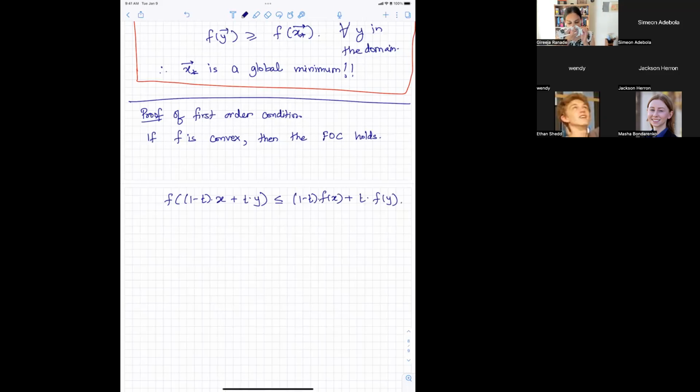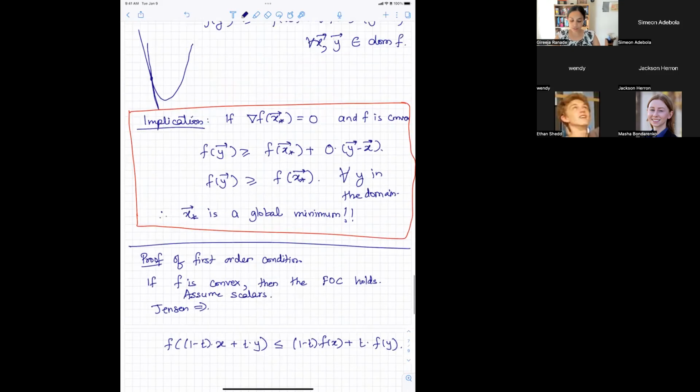Everyone see this? This is just Jensen implying this. And I'll just write this out for scalars. The exact same thing will hold for vectors, but there's no particular need to add that complexity, so let's just assume scalars here. Okay?